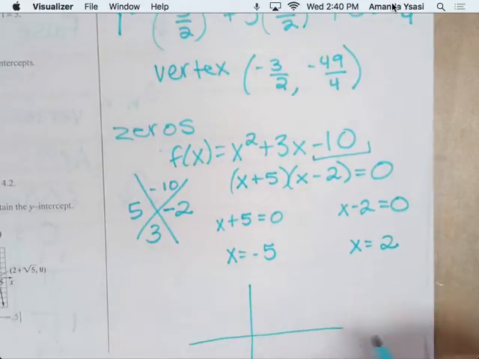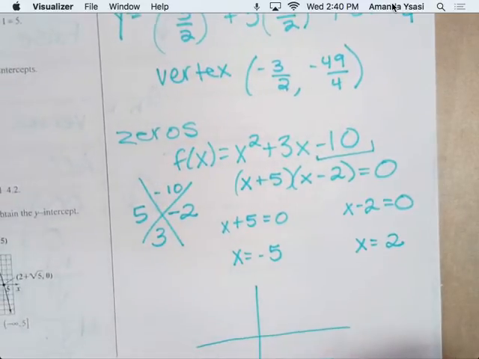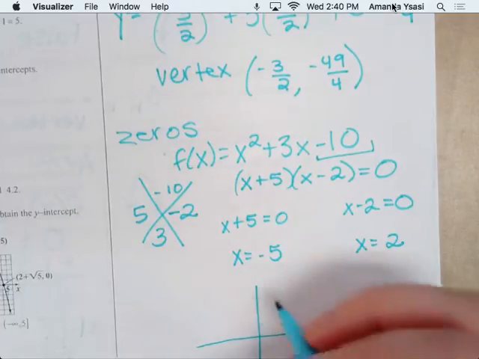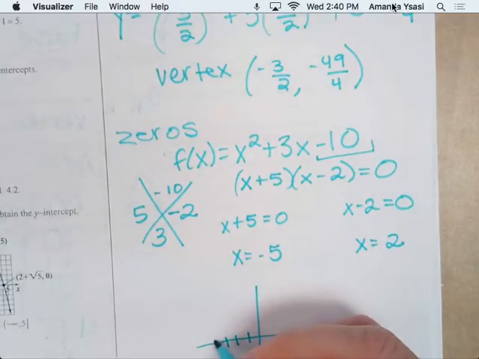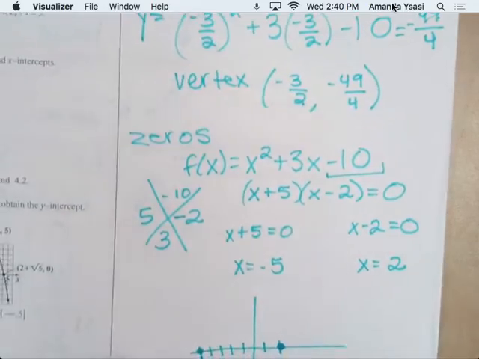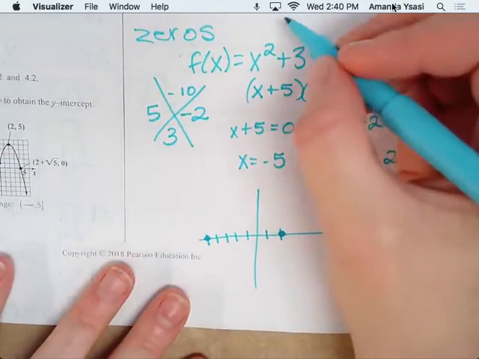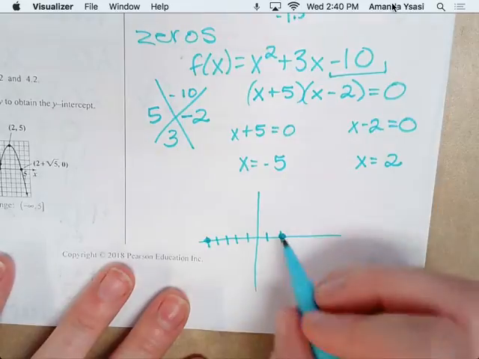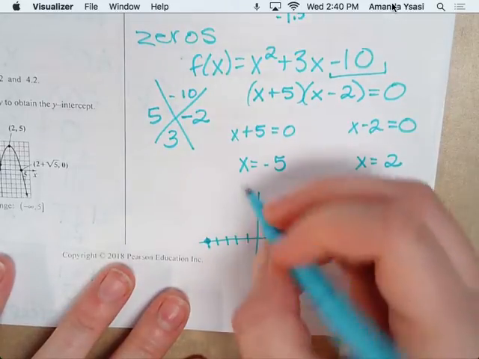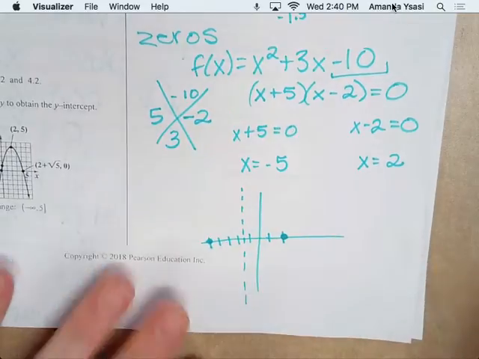So if you were to graph this, you would have -5, 1, 2, 3, 4, 5, and +2. Just a rough sketch. And then the vertex is -1.5, so our axis of symmetry is at -1.5.